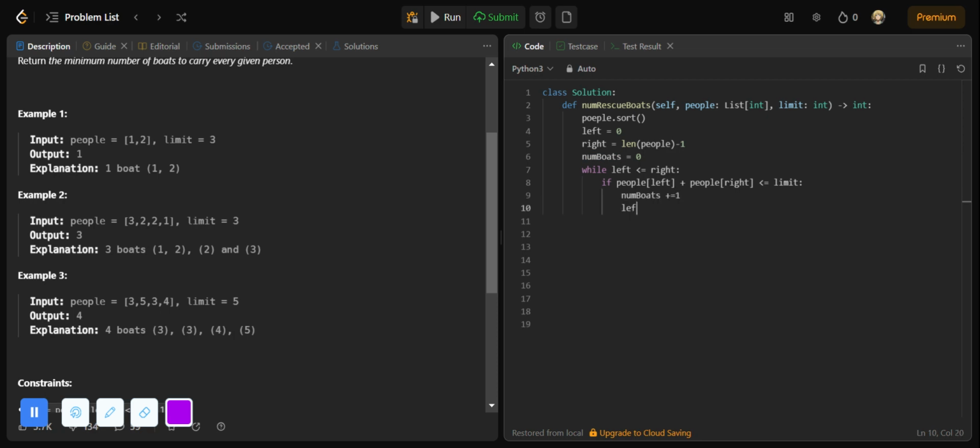And we'll move the two pointers in opposite directions, so the left moves to the right and the right moves to the left.